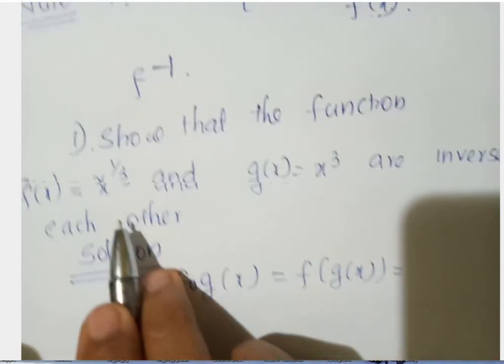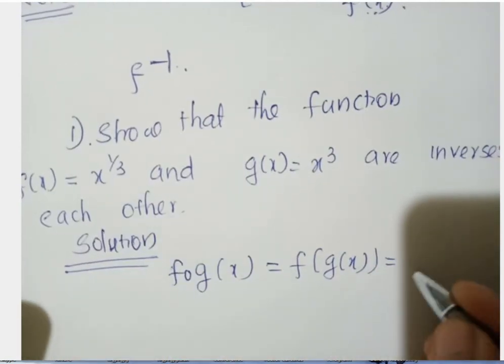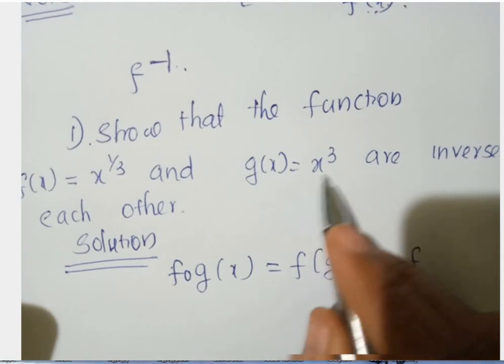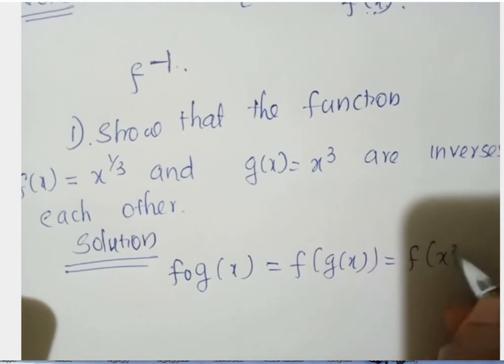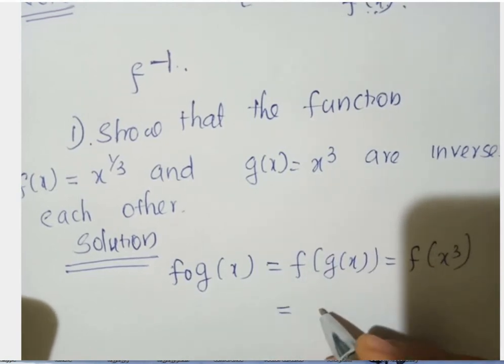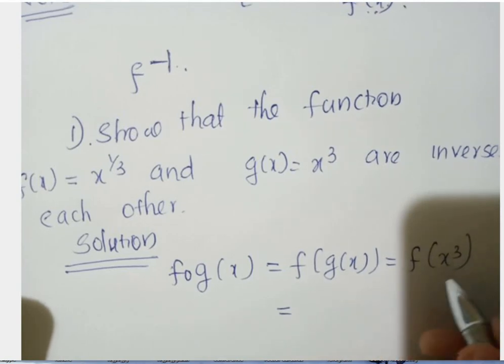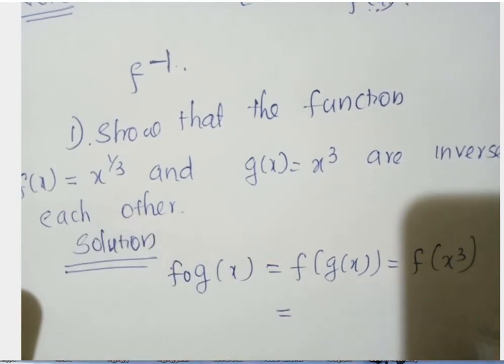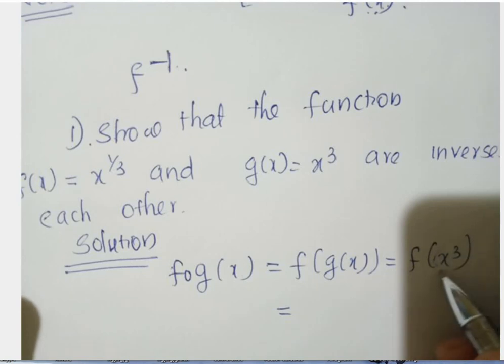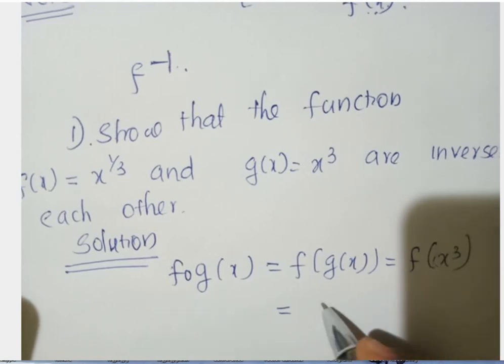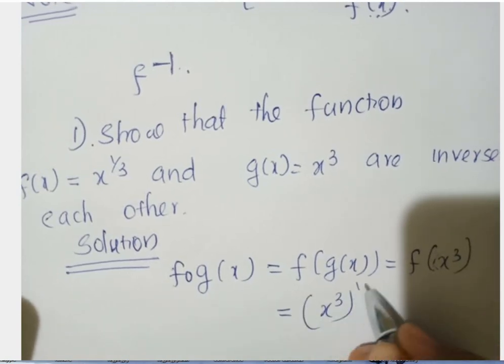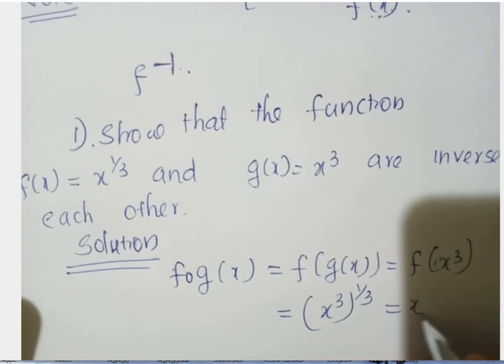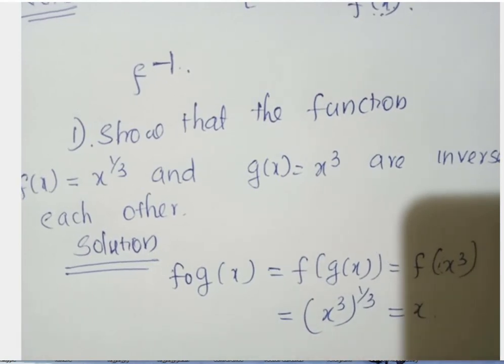Here f of x equal to x raised to 1 by 3 and g of x equal to x cube. So f of x cube: in the place of x, here it is x cube. So x cube raised to 1 by 3, which is equal to x.